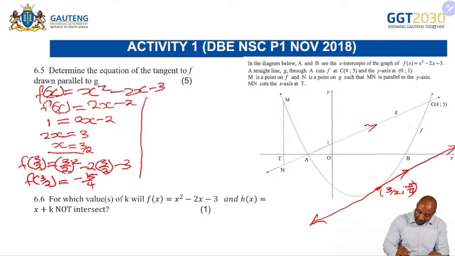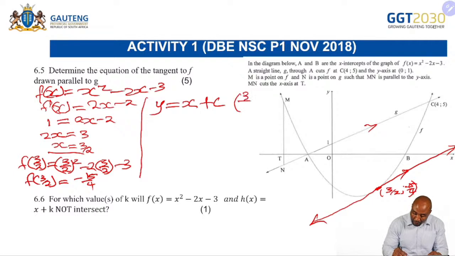But we want the equation. So we know that this is a straight line. It should take the form y is equal to mx plus c. Our m is 1, plus c. Then we substitute the coordinates at the point of contact, 3 over 2 and negative 15 over 4.